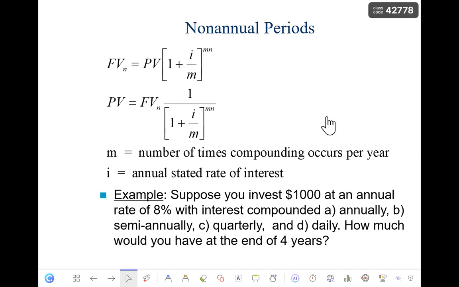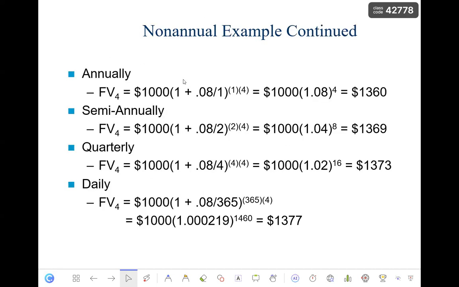And then there are non-annual periods. It's just something you have to pay attention to when we're thinking about periods. I know when we were talking about interest, APR is always based on the annual period. But sometimes we've got to break it up into other amounts. So here's the example. Are we paying annually, semi-annually, quarterly, daily? We have to divide it up.